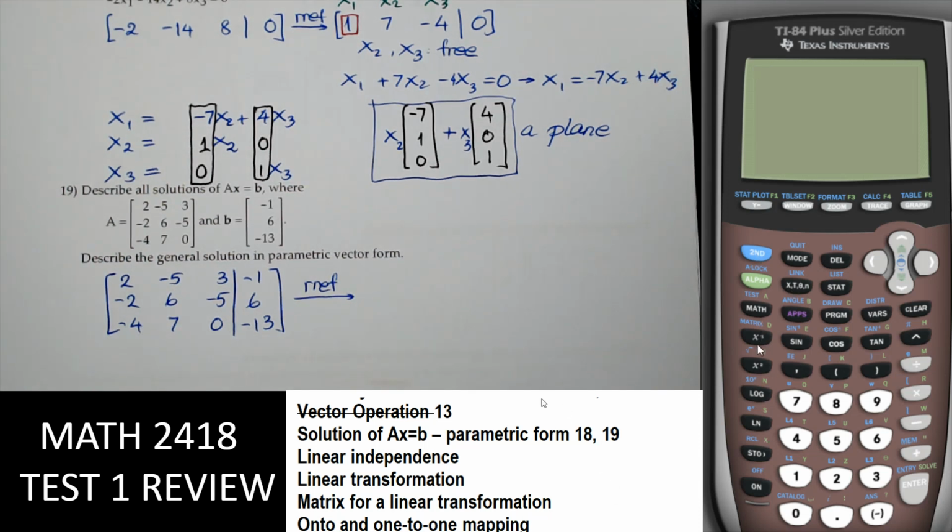Right? Second matrix, reduced row echelon form, alpha, zoom. This time we have 3 rows again.